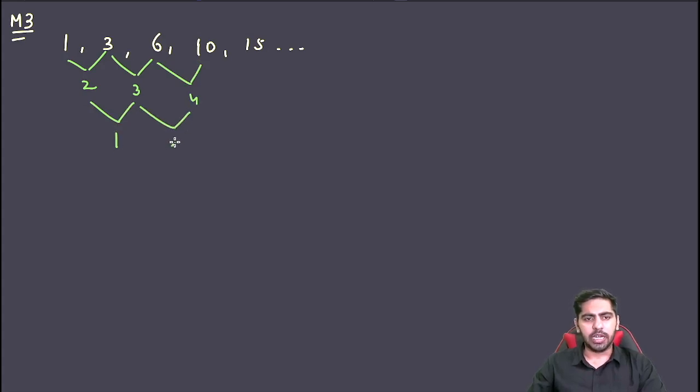So this is a kind of series in which after one step you're getting an AP, and after two steps you're getting the same common difference, which is 1. In such a series, the general term, now you're understanding a bit of sequences and series here, is given by an square plus bn plus c.